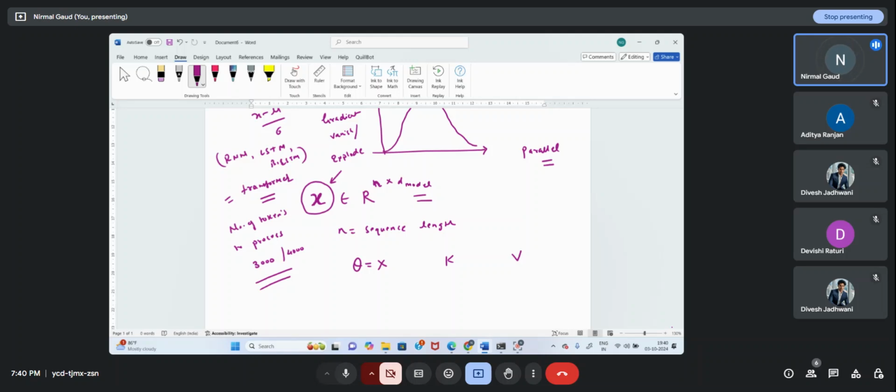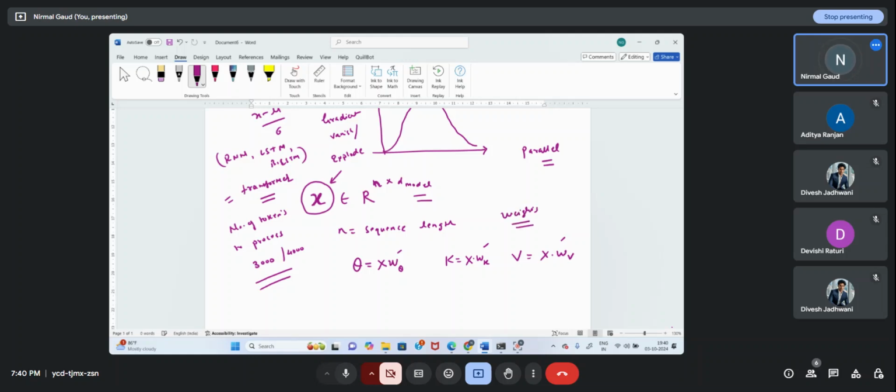So q is x into wq, k is equal to x into wk, and value will be x into wv. Here wq, wk, and wv are weights.